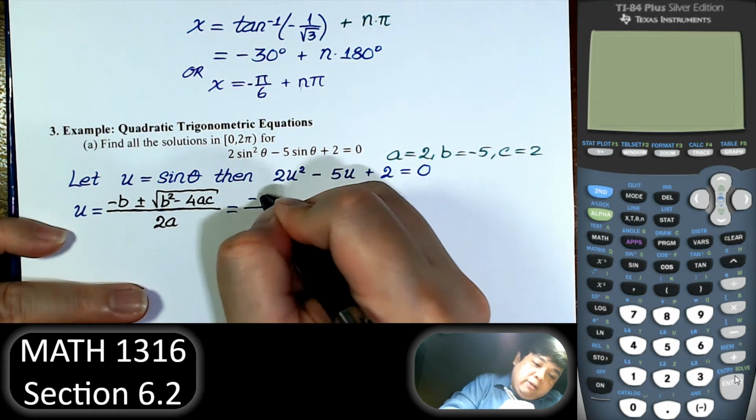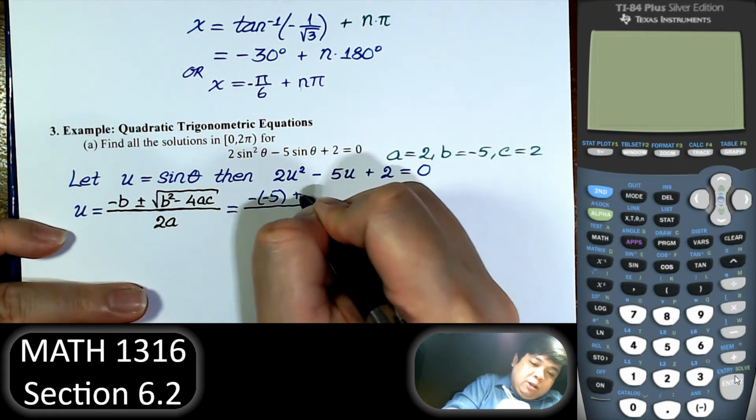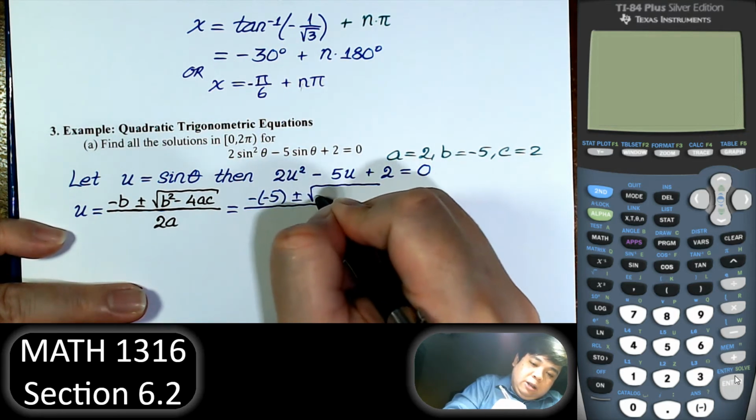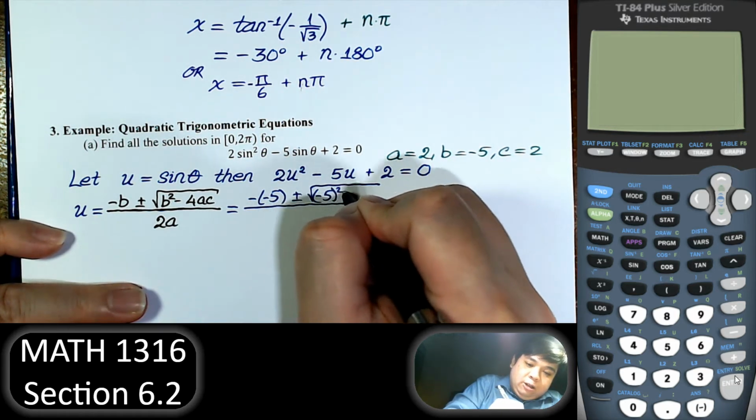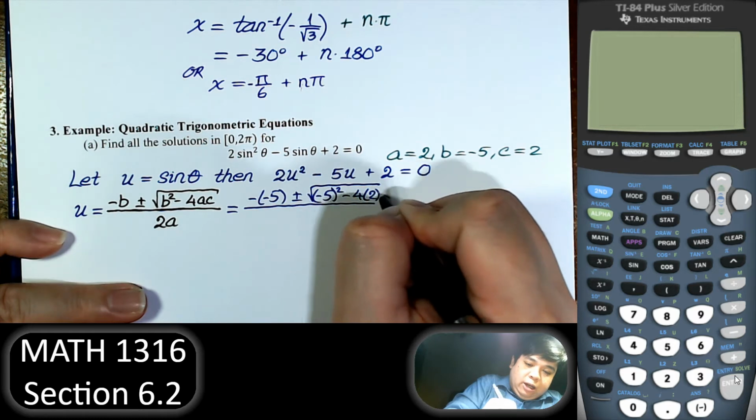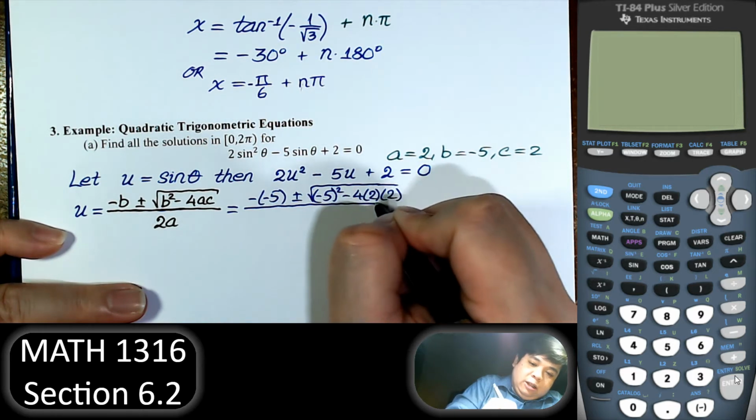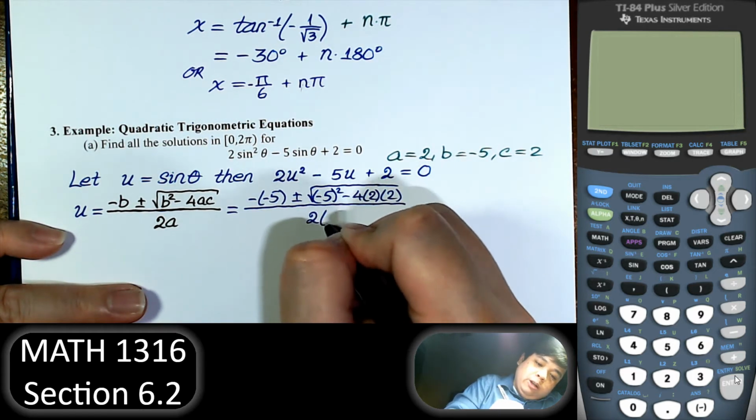Right, negative negative 5 plus or minus the square root of negative 5 squared minus 4 a c, over 2 a.